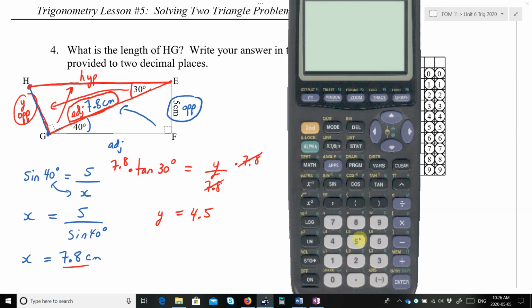I think here's how they would get the 4.49. 5 divided by sine 40 is that, so using that whole number instead of rounding that to 7.8. So 7.8 would be in here, and we ended up going 7.8 times tan 30, so multiply that by tan 30. Okay, and there's where we get the 4.49 from.